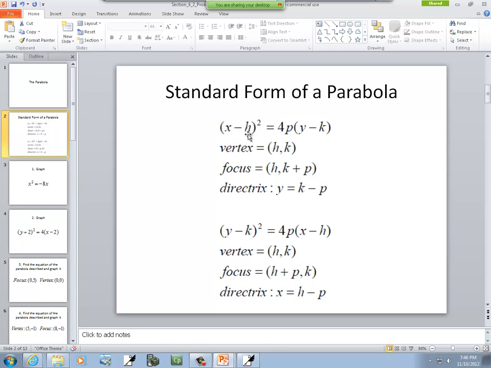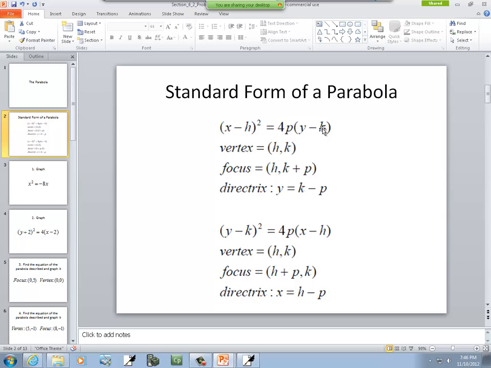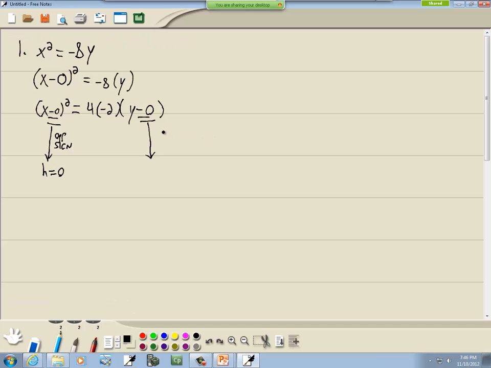So our h is what's with our x, and it's always going to be the opposite sign. Now 0 doesn't have a sign, so that doesn't matter in this case. And from our formula, the k is what goes with our y, and it's also going to be the opposite sign.